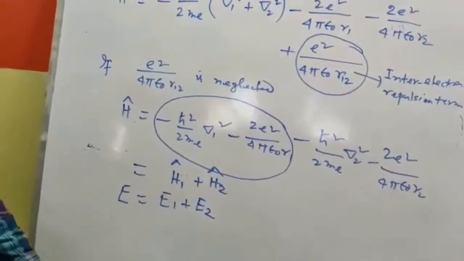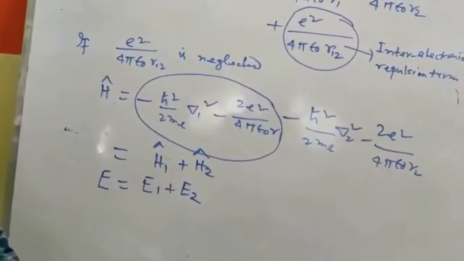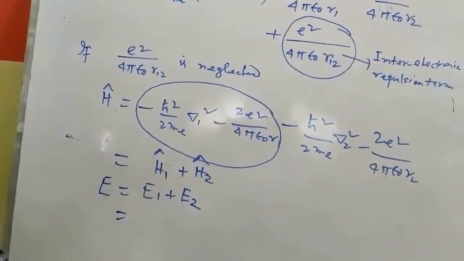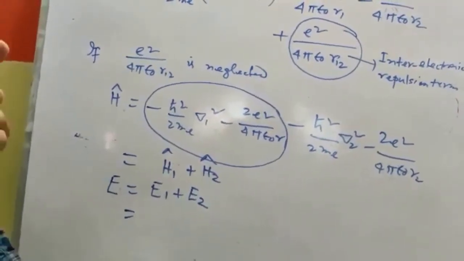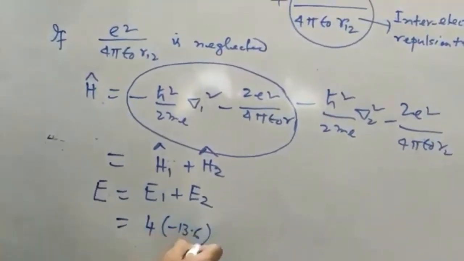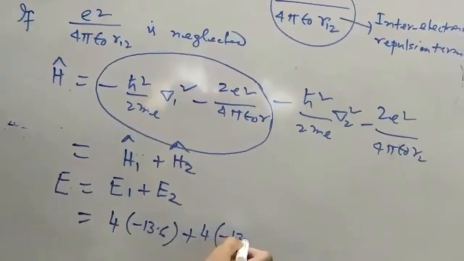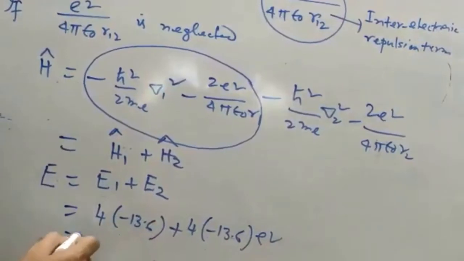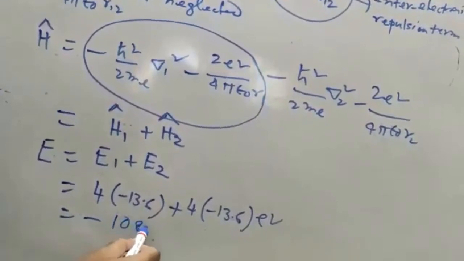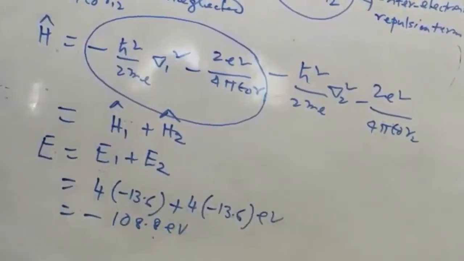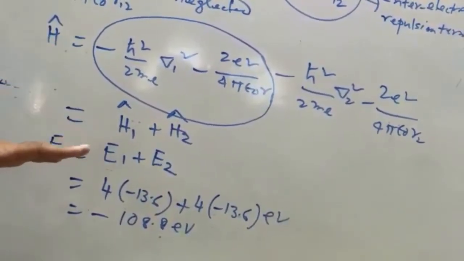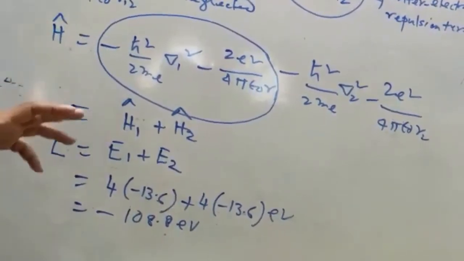If you remember the energy of a one-electron system, but here the nuclear charge is plus 2, not 1 as in the hydrogen atom. So that will be 4 times minus 13.6 electron volt plus 4 times minus 13.6 electron volt. In total, it will give a value of minus 108.8 electron volt.